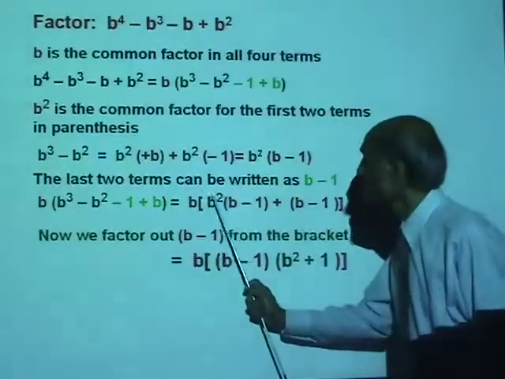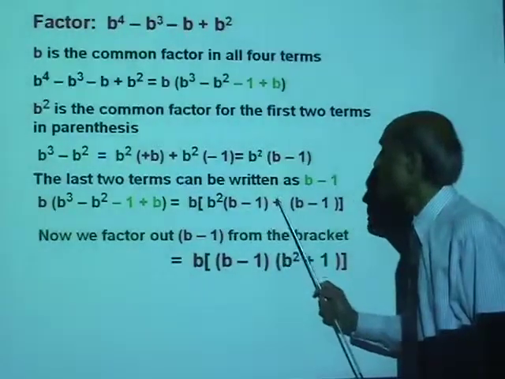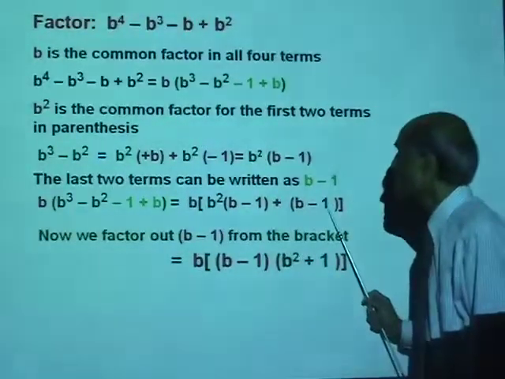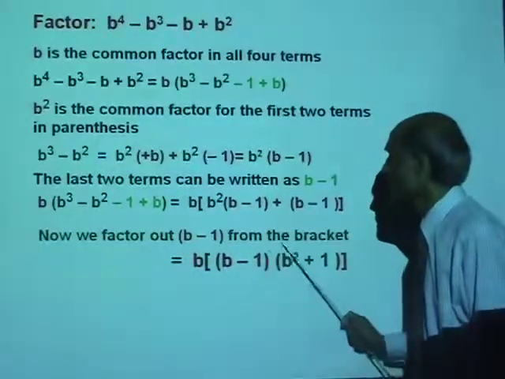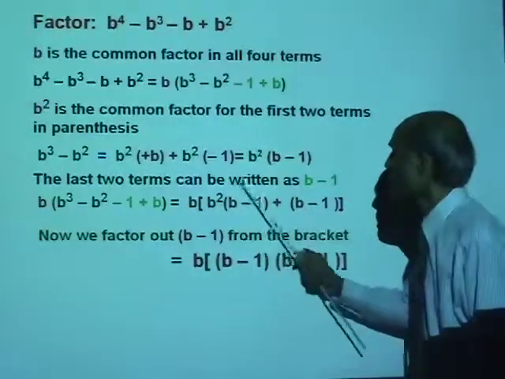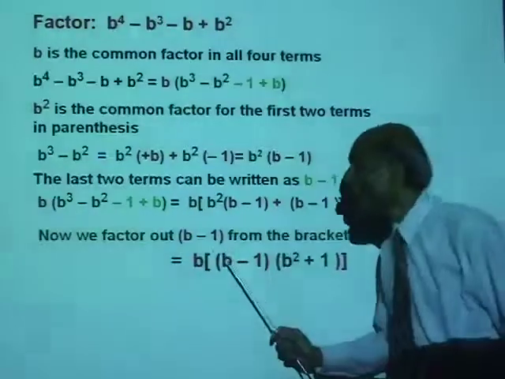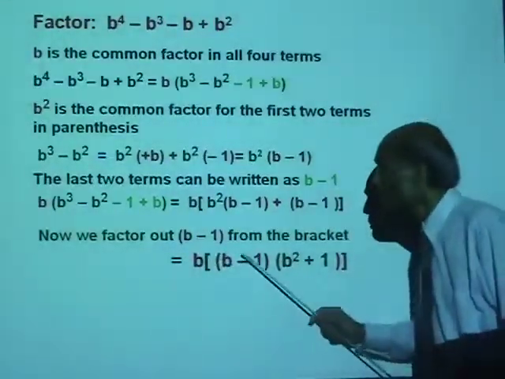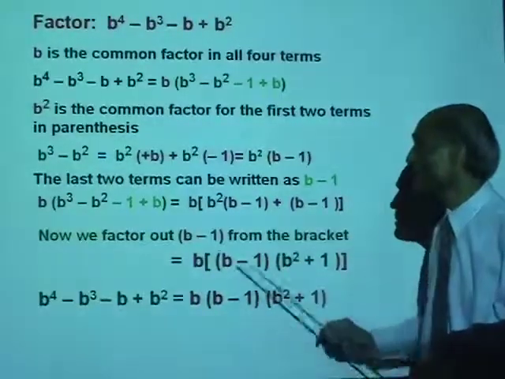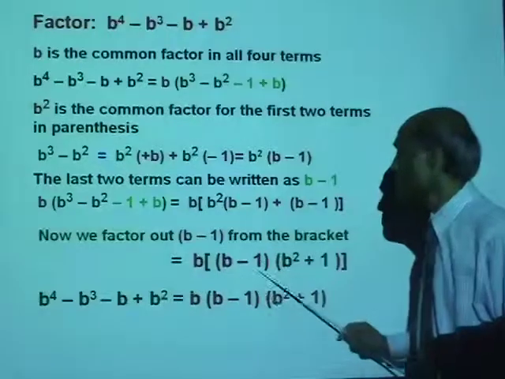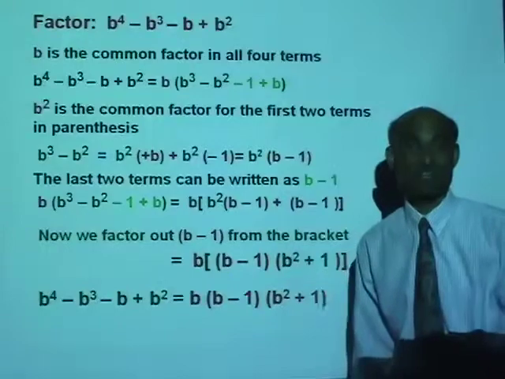So the quantity inside the bracket, b squared times b minus 1 plus the quantity b minus 1, I wrote b minus 1 as the common factor, in parentheses, b squared plus 1. Alright, now I don't need the bracket because this is a product of two factors, and that gives us the answer: b times b minus 1 times b squared plus 1 is the answer.